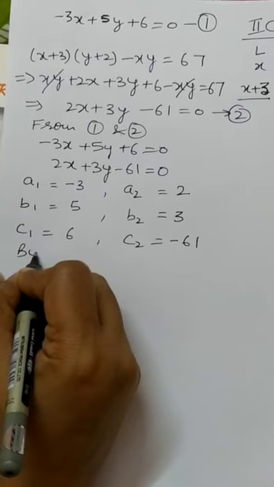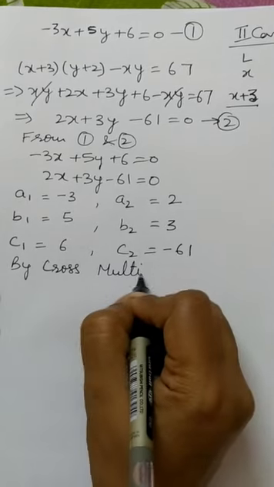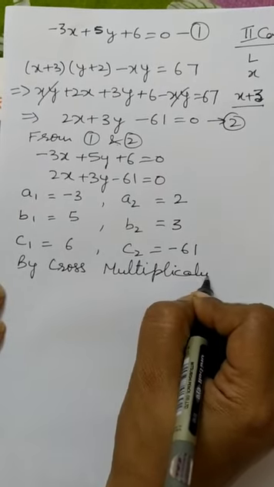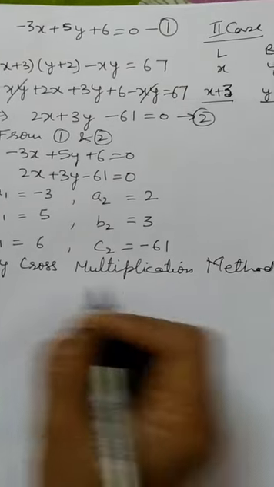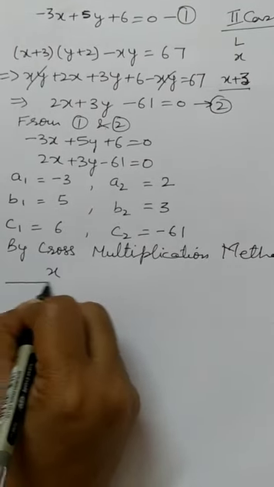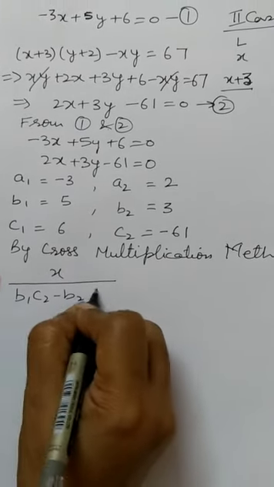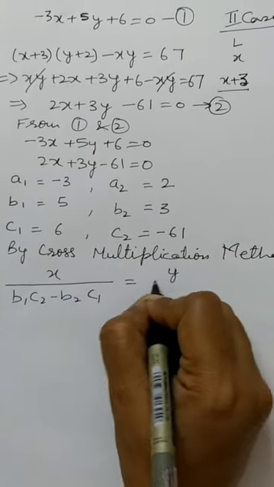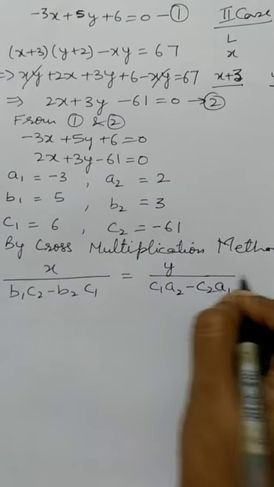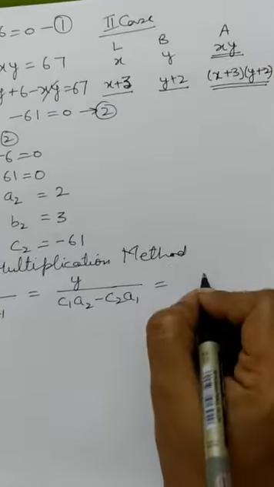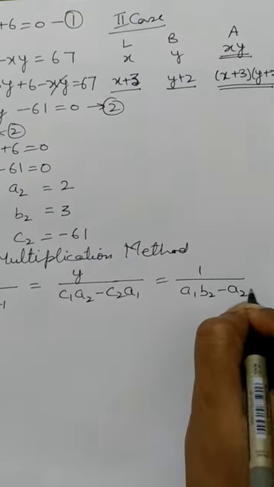By the cross multiplication method, we know that we can write x upon b1 c2 minus b2 c1 equal to y upon c1 a2 minus c2 a1 equal to 1 upon a1 b2 minus a2 b1.